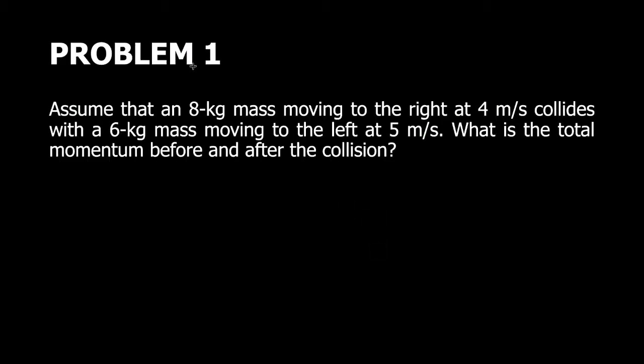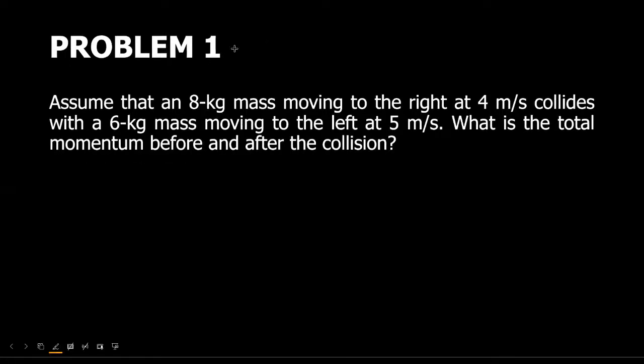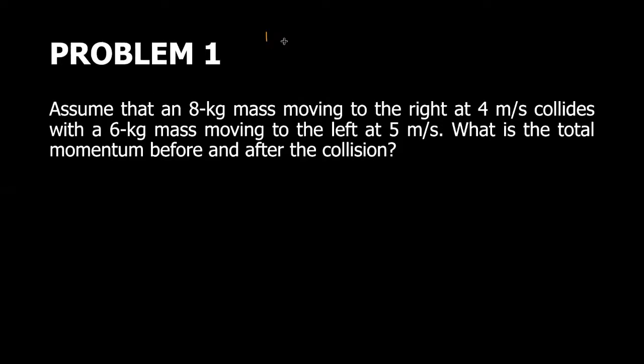So, ang pinaka-fundamental thing na ginagawa dito is to list your givens. So, sabi dito meron kang 8 kilogram mass, which we label M sub 1. That's 8 kilograms. And meron kang second mass, we will label it M sub 2, 6 kilograms.